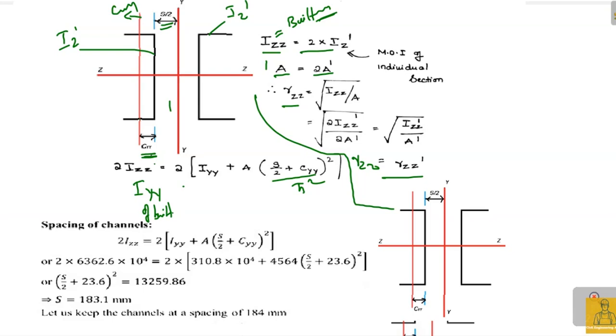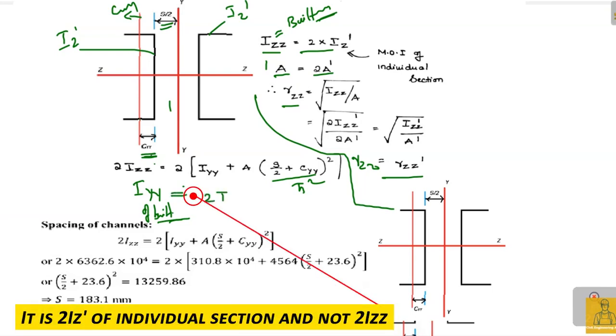So this is IYY. We have seen earlier that the moment of inertia of the built-up section should be such that IYY is greater than or equal to IZZ, right? So you are going to take this as equal to 2 times IZZ of the individual sections.